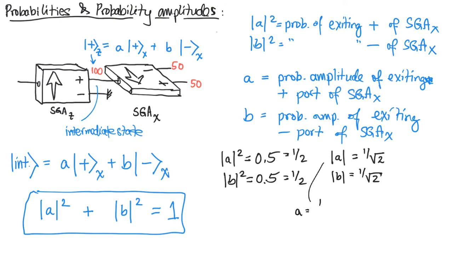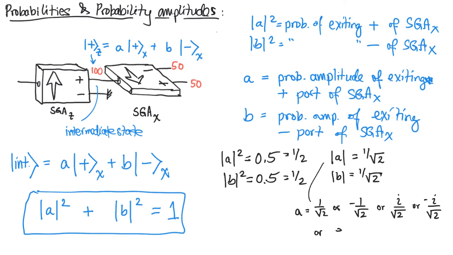A could be 1/√2, or it could be minus 1/√2, because the magnitude of both of those is 1 over root 2. But it could also be, it turns out, i over root 2, in other words, the square root of minus 1 over root 2, or it could be minus that. And it turns out that there are even more options than that.